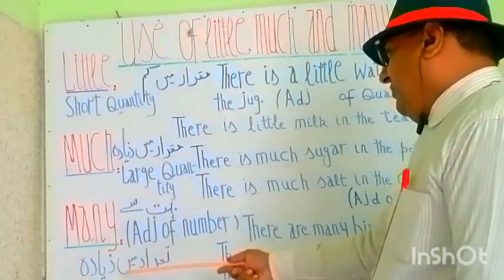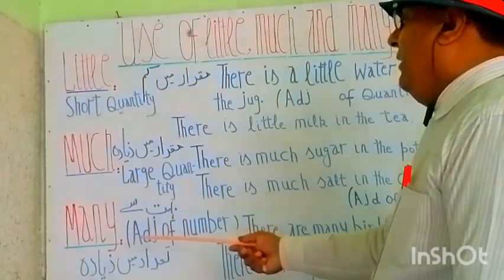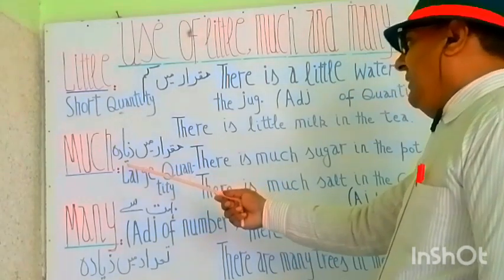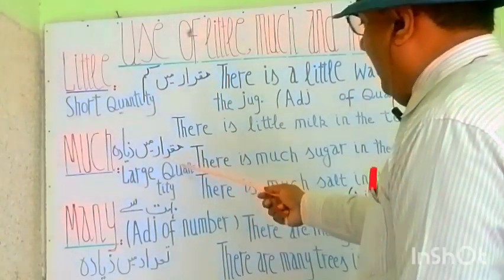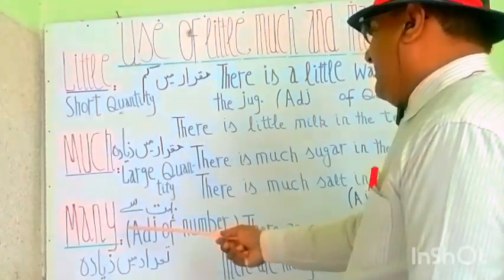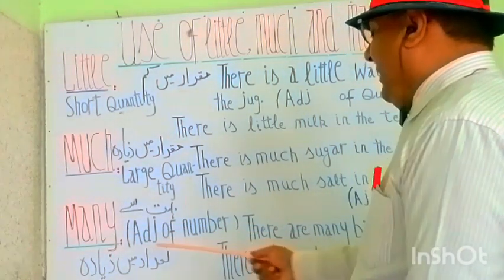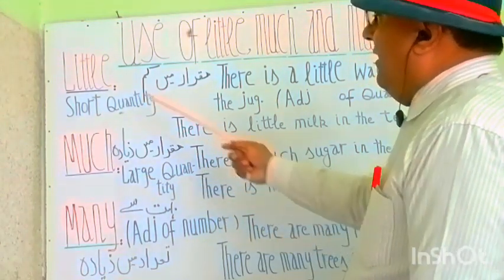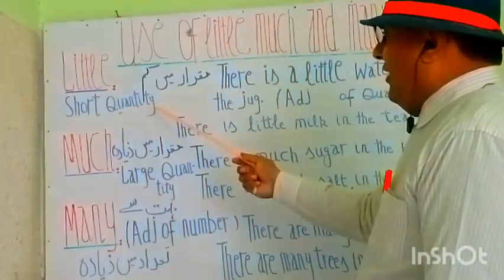Many describes a big number, much describes a big quantity, and little describes a short quantity.